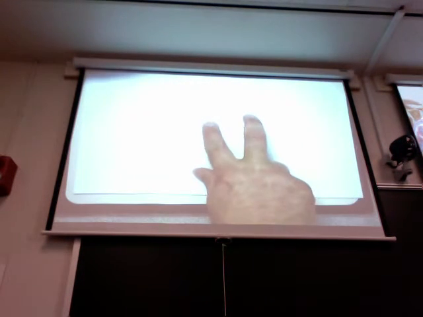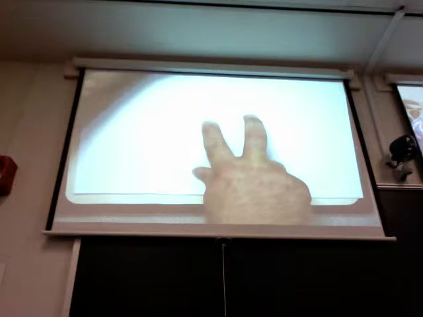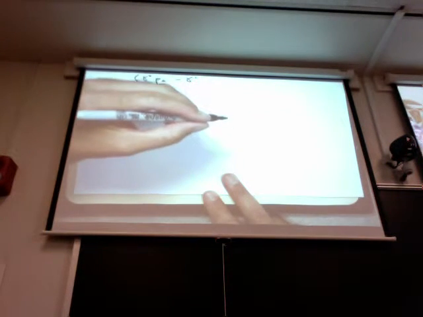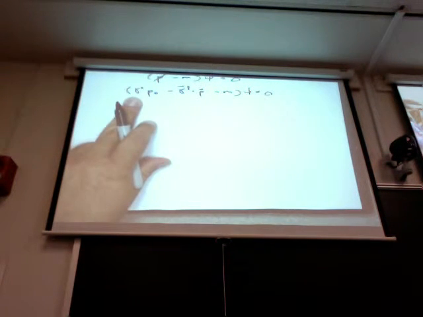Let me start with p-slash minus m operating on psi. If I expand it out, it's gamma 0 P0 minus gamma vector dotted into P vector, and minus m on the side. Now let me plug in the matrix representations.